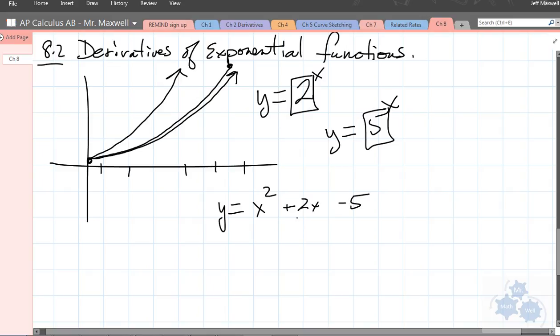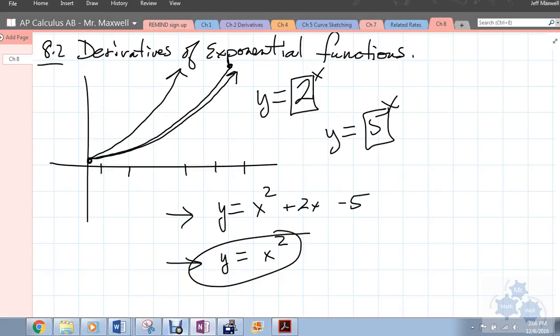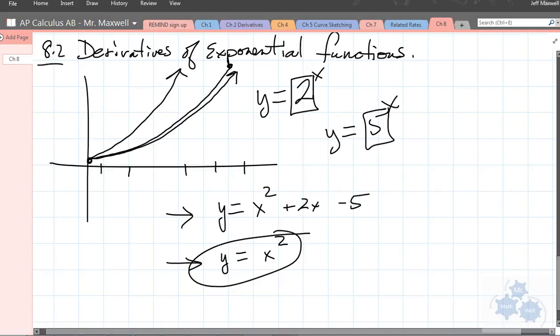That graph is very close to y equals x squared. It's a little bit different shape, but it's pretty close. Which one is easier to take the derivative of? Well, they're both easy, but this one would be simpler. It would take us less time to find the derivative, even though they're both easy.